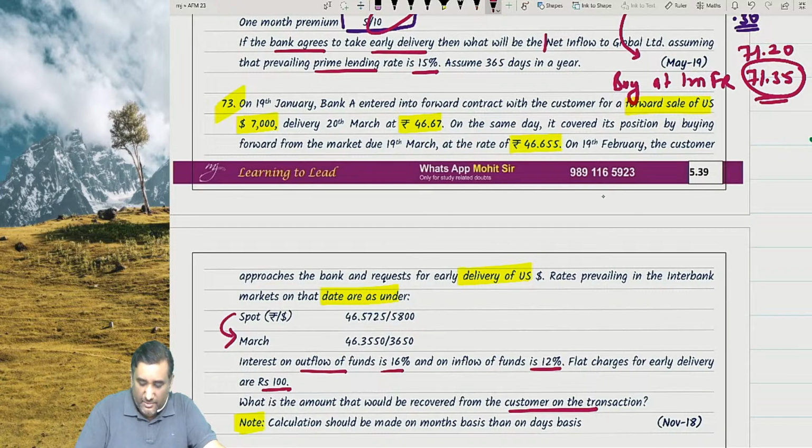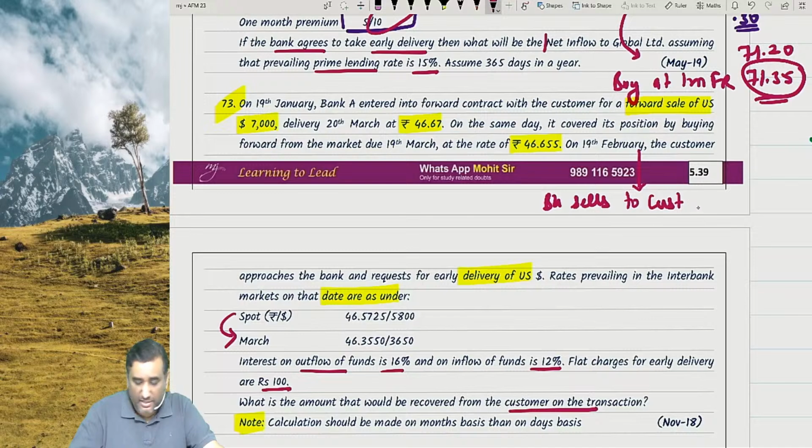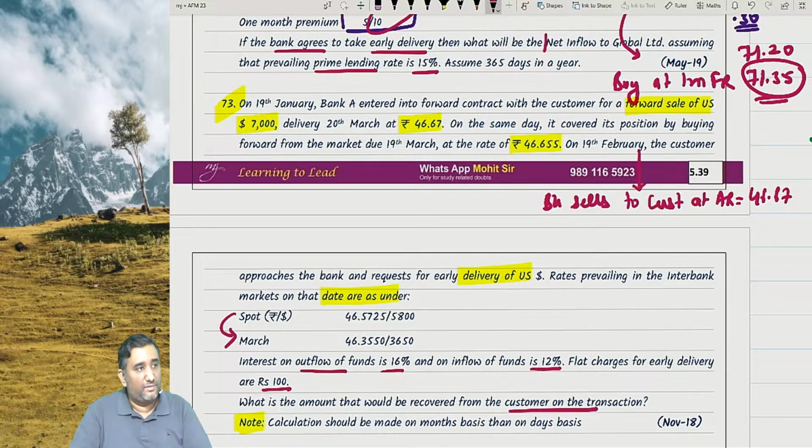Which date are we standing on, by the way? 19th Feb. Importer customer. The importer will buy and the bank will do what? The bank sells to the customer, the wordings are very clear, at what rate? Agreed rate. What was the agreed rate? 46.67. Now how will the bank sell? The bank will not have anything because originally it should have come in March.